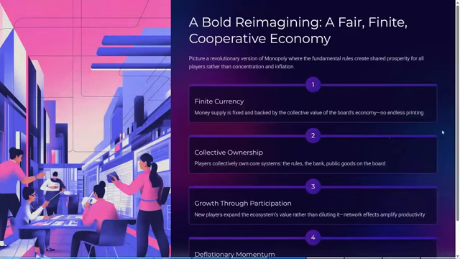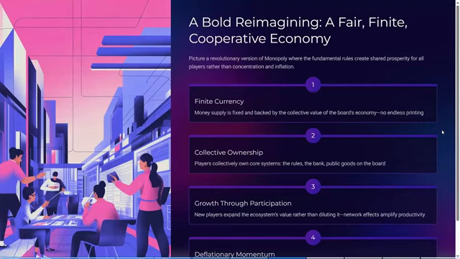So, picture a revolutionary version of Monopoly, where those fundamental rules are created and shared by the players rather than having a concentration and inflation by a central authority. You would have a finite currency where money supply is fixed and it's backed by the collective value of the board's economy.